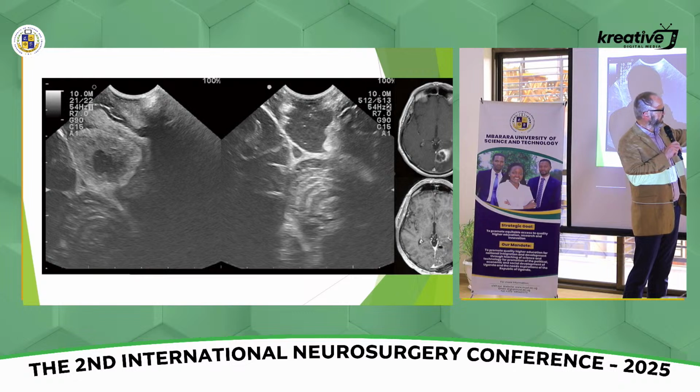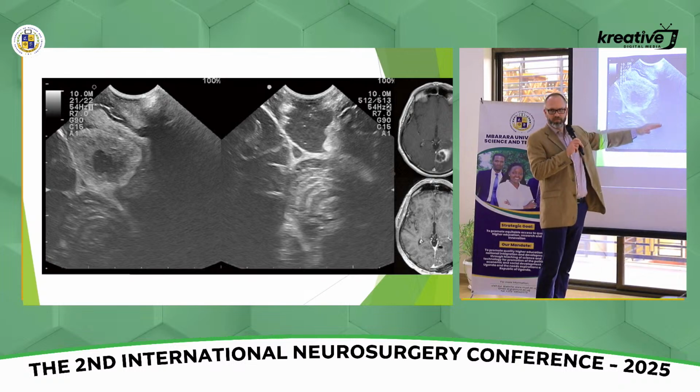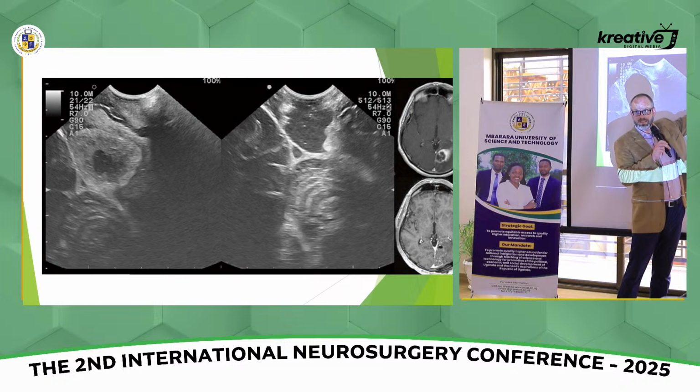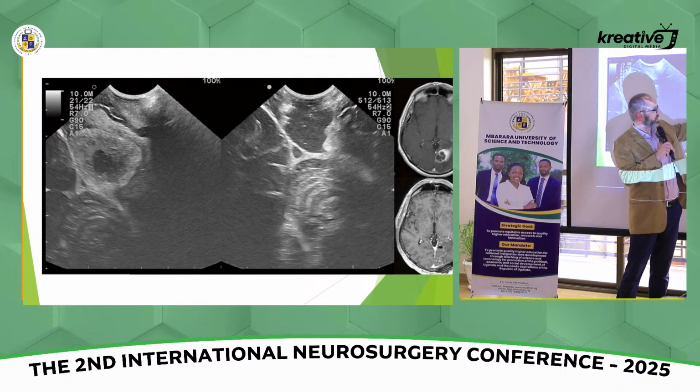And here you can see the folia of the cerebellum very nicely, which was attenuated before, but now we can see the cerebellum really well. Don't let that fool you. We didn't leave tumor behind.